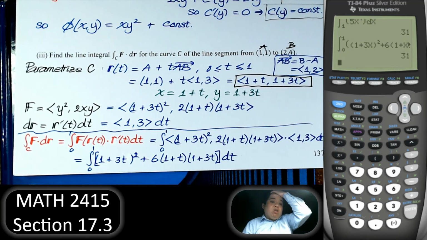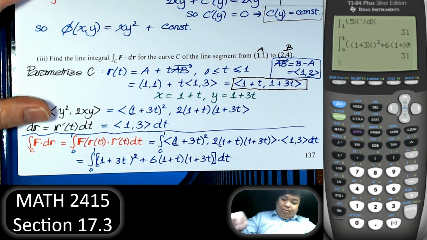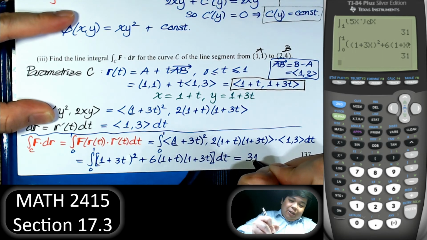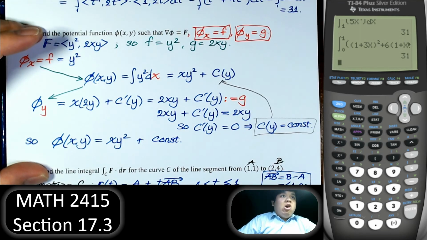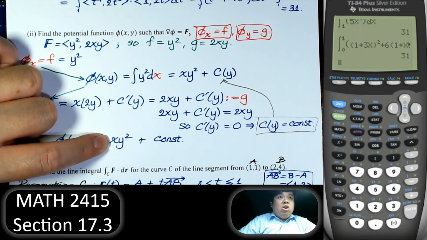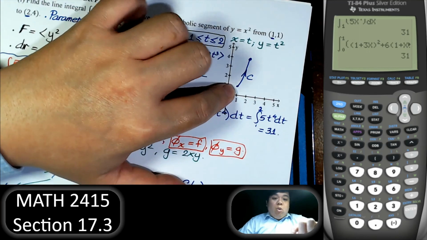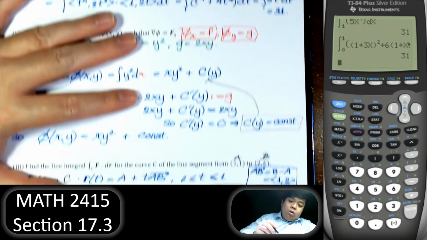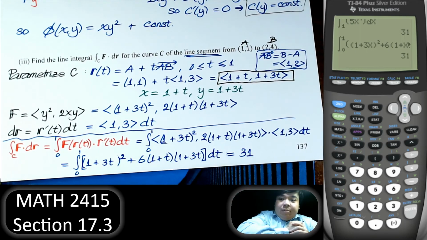That means we don't have to pause the video and check for the path, because, as mentioned before, there is a potential function. If there is a potential function, that means it is independent of path from this point to that point, whether there is a parabolic path or a line segment. We still have the same thing.